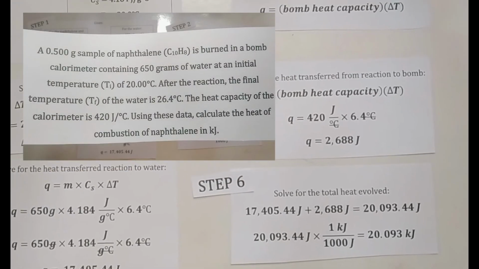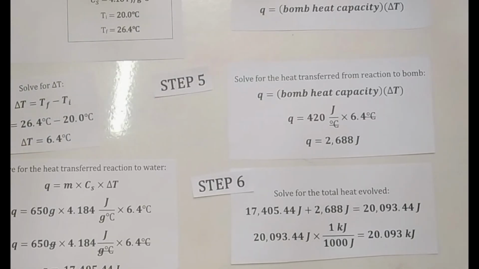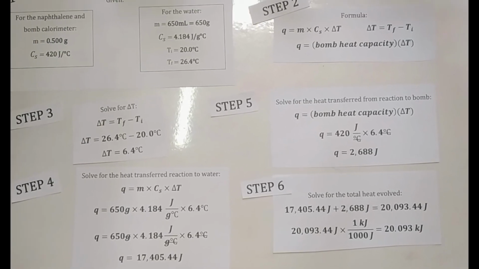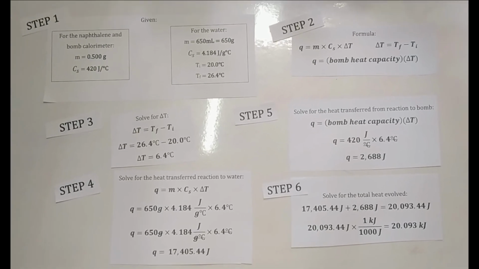It was stated in the problem that we need to have a result in kilojoules. So to get this result, we simply divide the 20,093.44 joules by 1,000, and that will give us 20.093 kilojoules. And that is now the value of the total heat evolved of 0.5 grams of naphthalene.